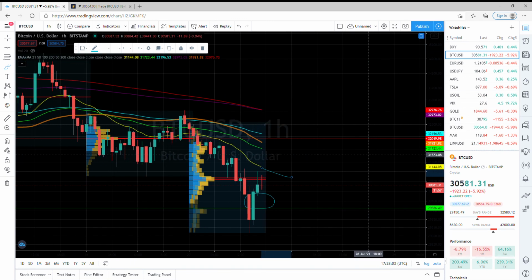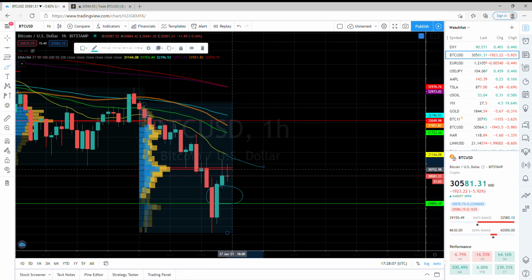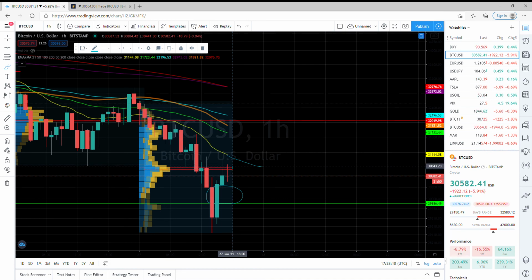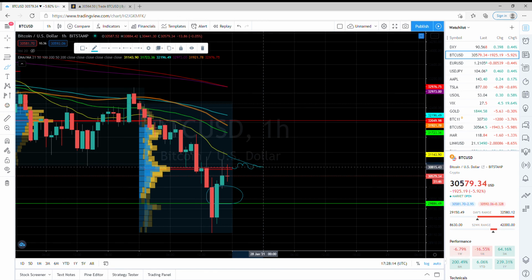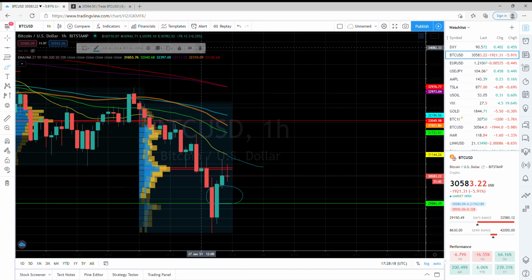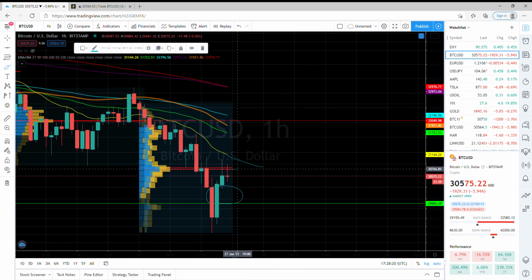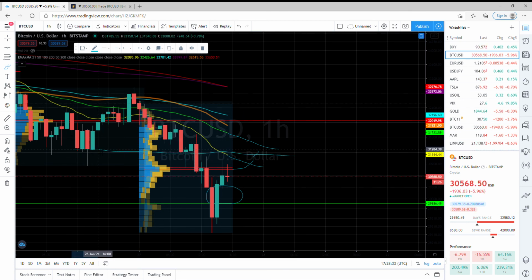If, and it's a big if, the price will range in this area without going down, I think it will probably cross the yellow line and maybe cross the green line. Yeah, maybe in this range where you have resistance at the moment.